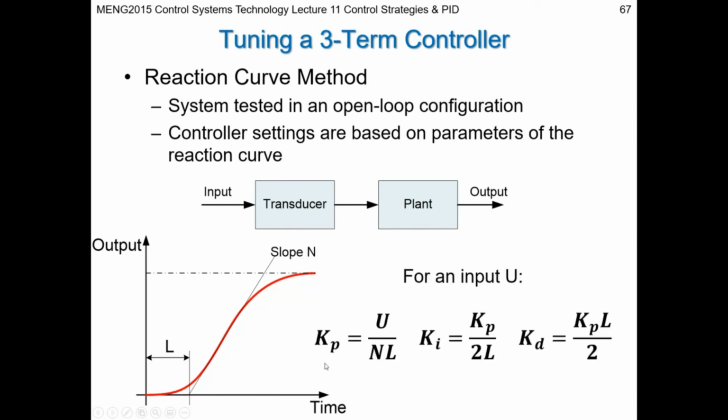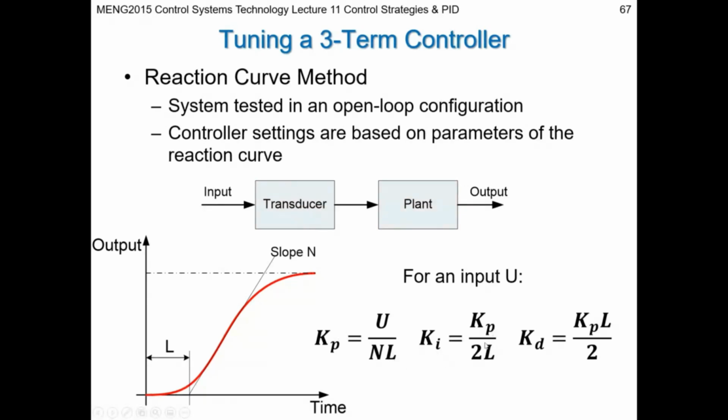Once you've got those values, your Kp is U over NL. Right? So say we put an input of 2, we've got a slope of 3, and we've got a lag of 1. So we'd have 2 upon 3, or 0.6 for our Kp.